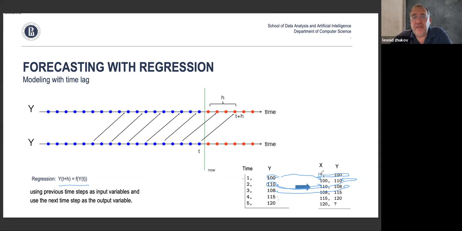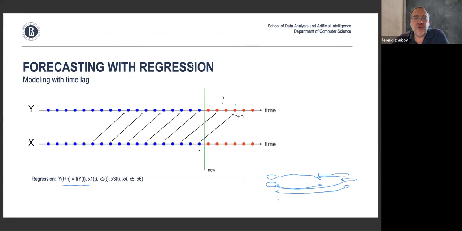So the idea is, again, this simple. You just take your y values, you shift them, and you think about them as your x values, and that allows you to formulate a supervised learning problem, trying to predict the next values from the previous values. Now, if we do that, then it is extremely easy to also add to those y values some other external factors, like those x's.